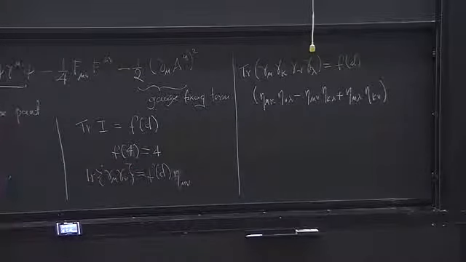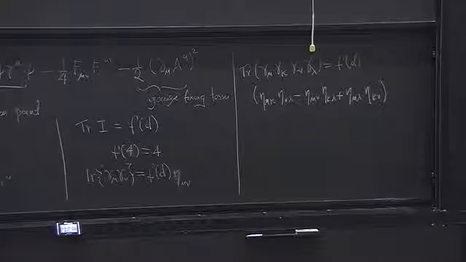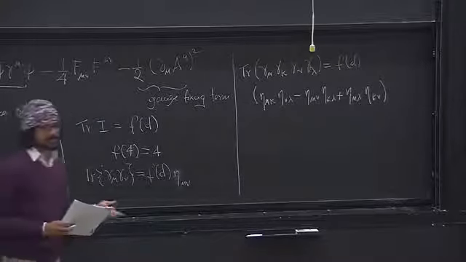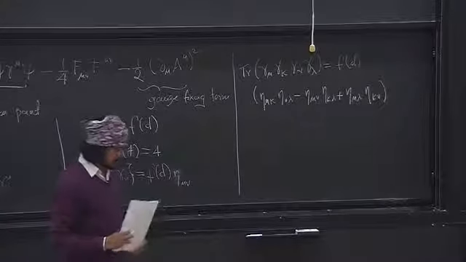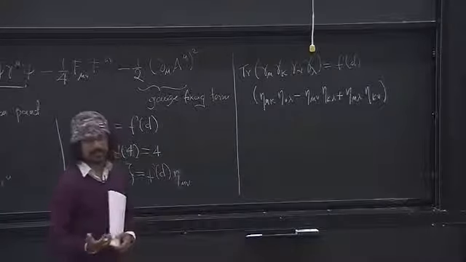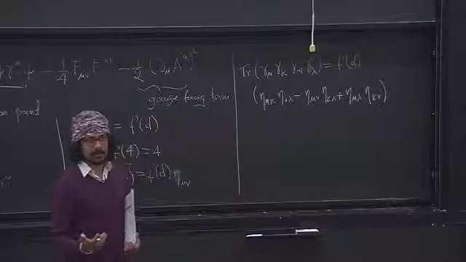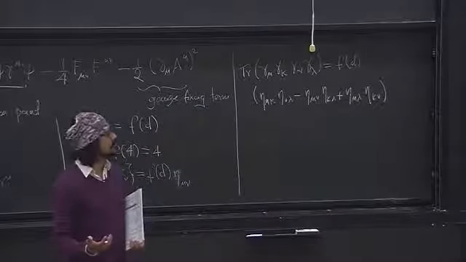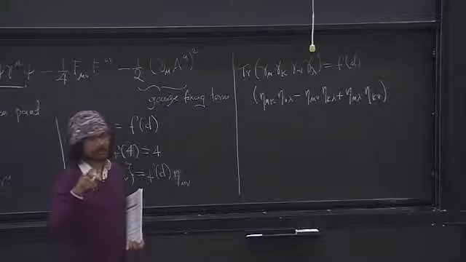Yeah? Is there any reason why we do not naively say f of d is d? It's very tempting to write down f of d is d. No, because in a higher dimension, say in 6 dimensions, your gamma matrices are 2 to the power 3, 8-dimensional.